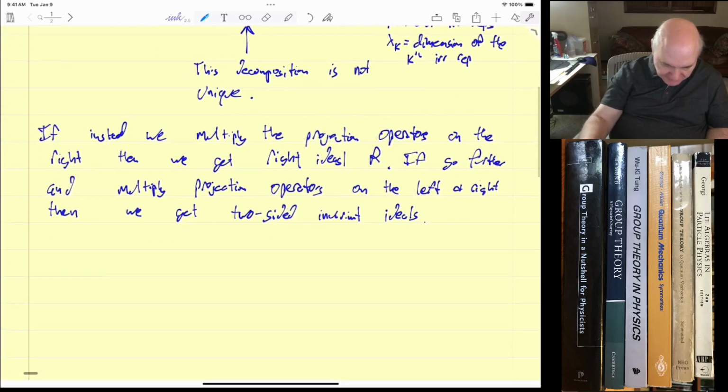And the decomposition becomes A(G) is equal to V1 plus V2 plus ... VK.